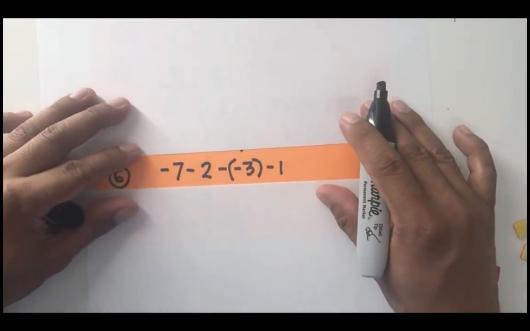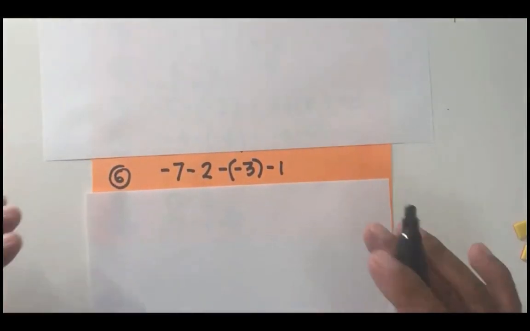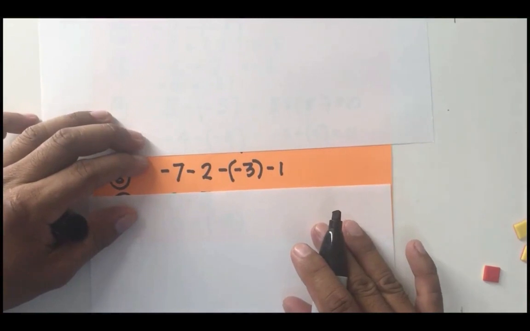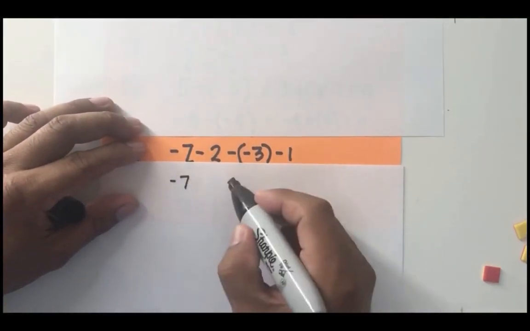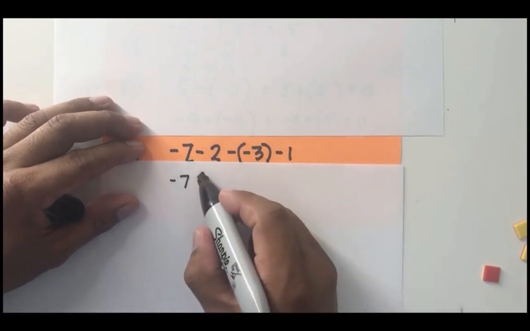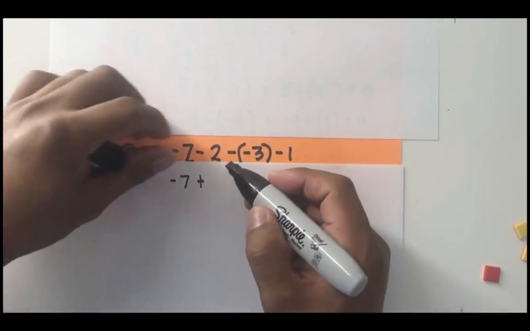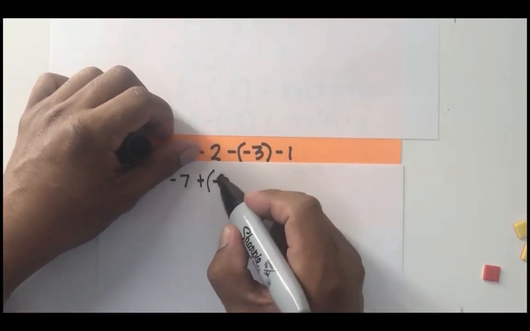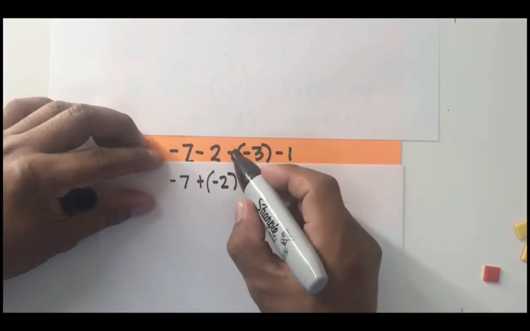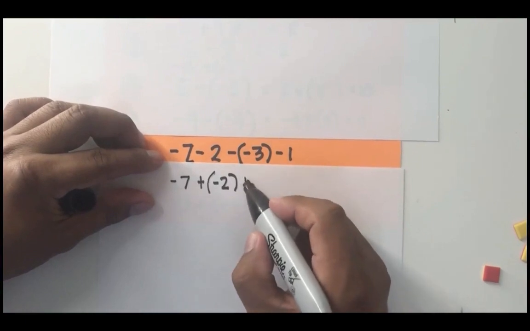Now when you have several items like this, don't be confused. Just do it step by step. So copy the first number, negative 7. Change this minus sign to plus sign. Get the additive inverse of 2, which is negative 2. Change this minus sign to plus sign.